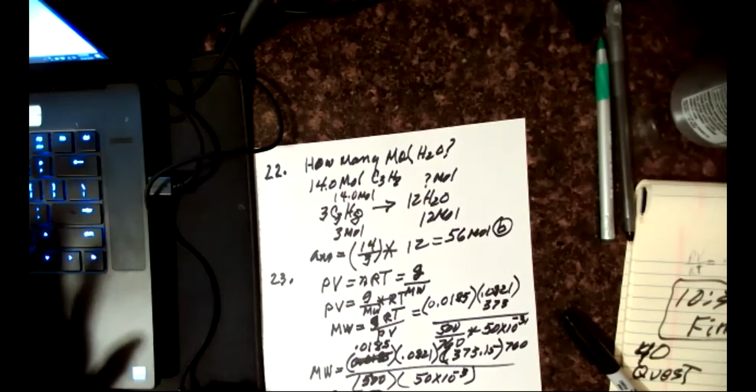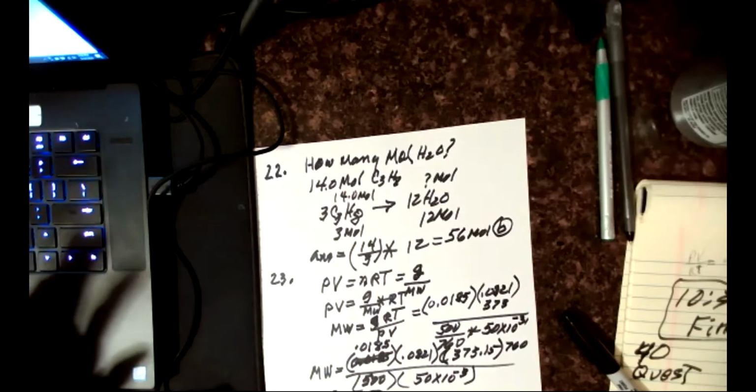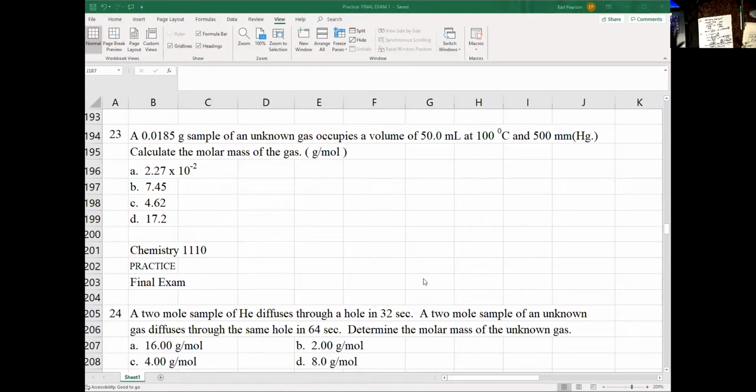It's not necessarily going to be realistic. Remember, we're just testing concepts, but there is not going to be any molecule in the world that has a molecular weight of 0.02. So that answer is certainly not logically possible.